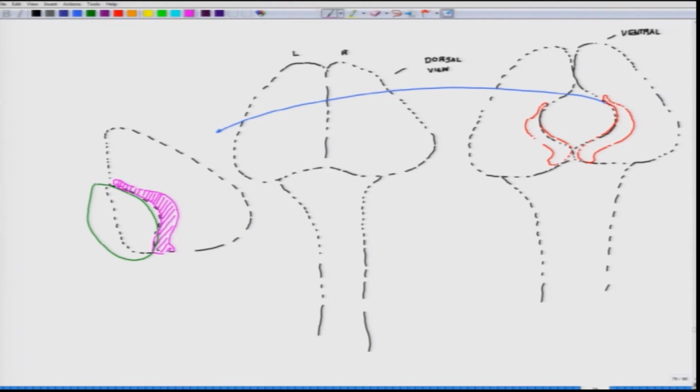And this particular structure, which is very similar to a seahorse for the Greeks, is called the hippocampal region, or in short, you call it hippocampus.